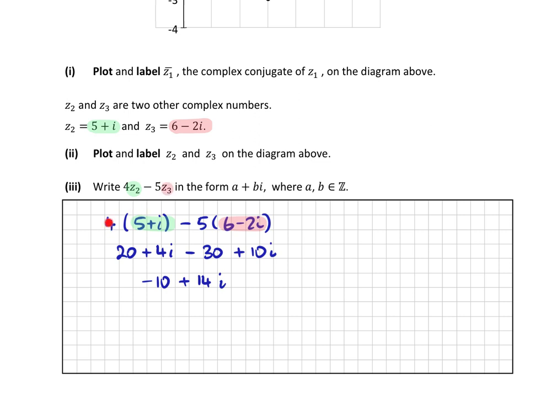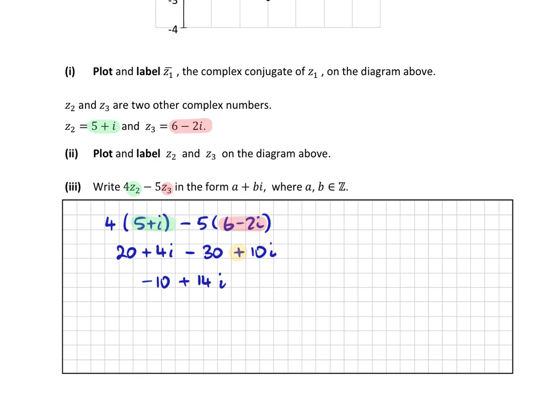The next thing that we need to do is we need to be able to expand. So 4 times 5 gives us 20, and 4 times i gives us 4i. Minus 5 times 6 gives us minus 30, and minus 5 times minus 2i, a negative by a negative will give us a positive, and 5 times 2i will give us 10i. Most people would make a mistake there with their signs, so do be careful.